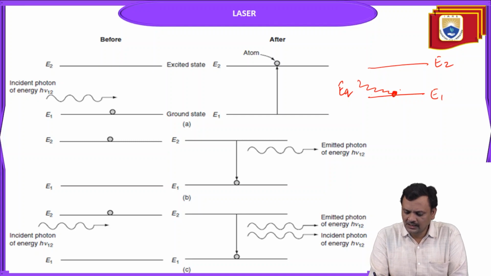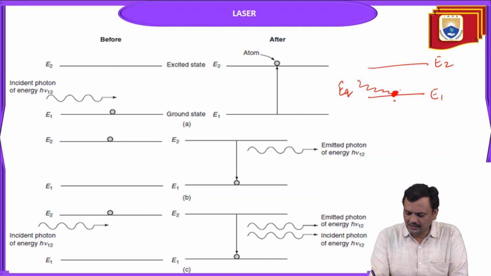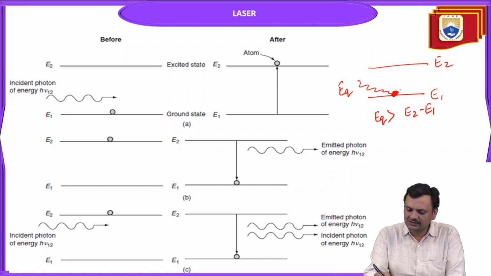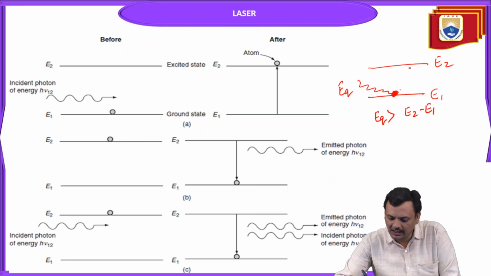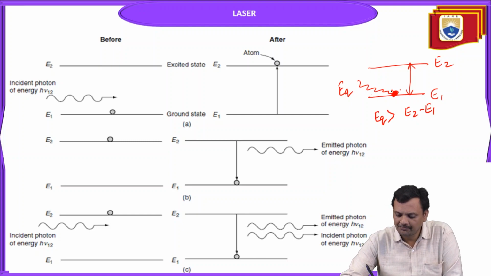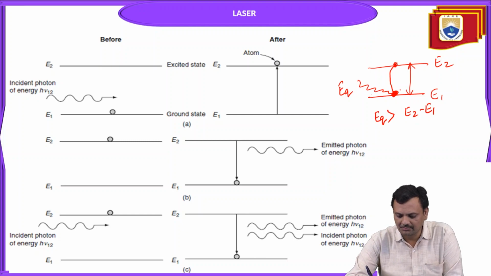Now that energy is absorbed by this ground state electron. What happens? If this EQ is greater than E2 minus E1, meaning if the EQ energy value is greater than the energy difference between the available energy levels, then this electron will jump to its excited state, and here that is E2.